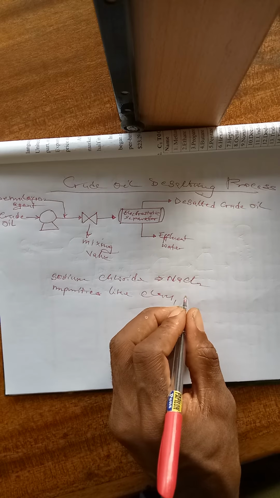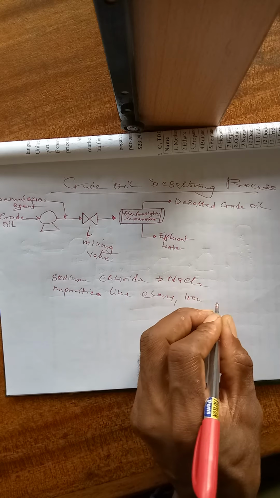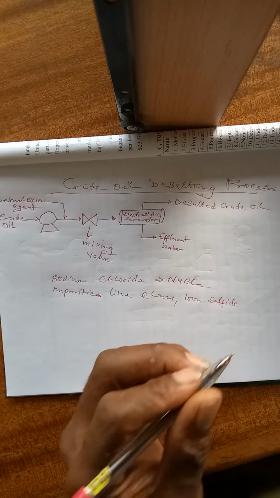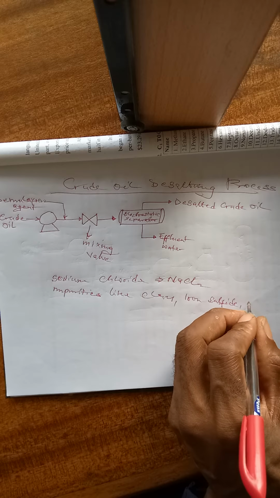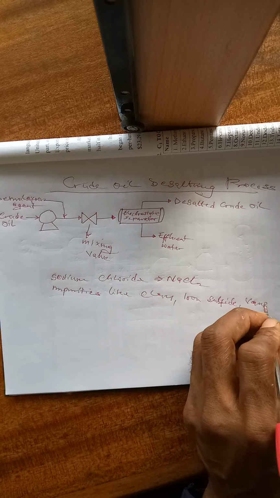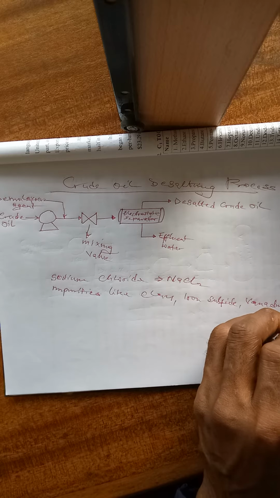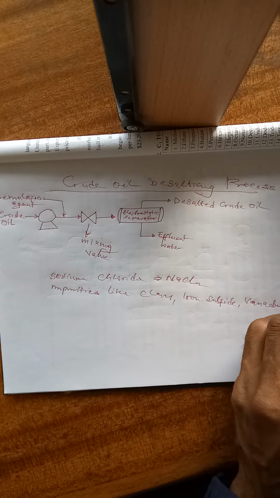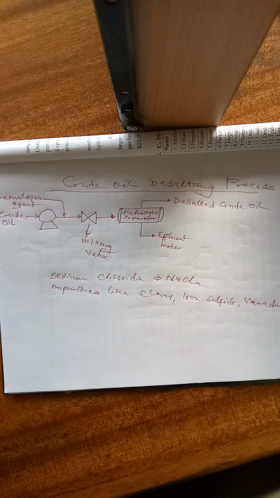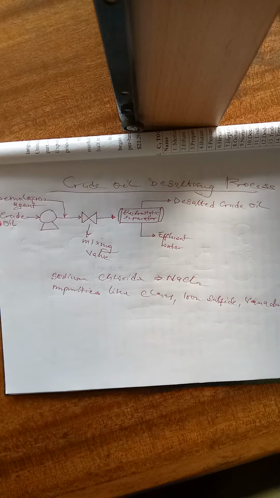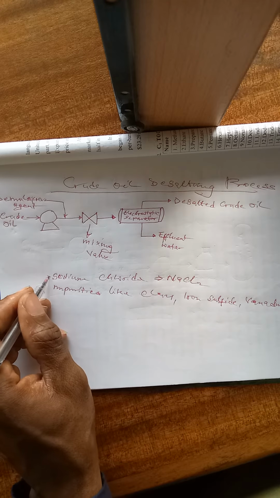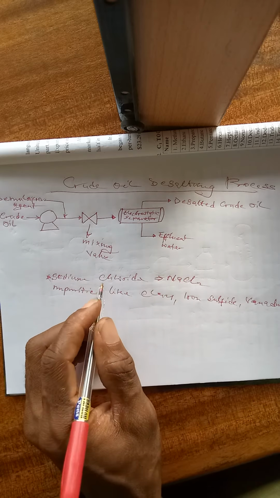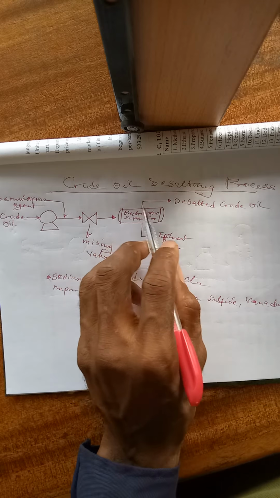We have iron sulfide present in crude. We have vanadium also present. We have nickel also present. So all of this is present in the crude, which has to be removed, especially the sodium, the magnesium type, which must be removed at the desalter.